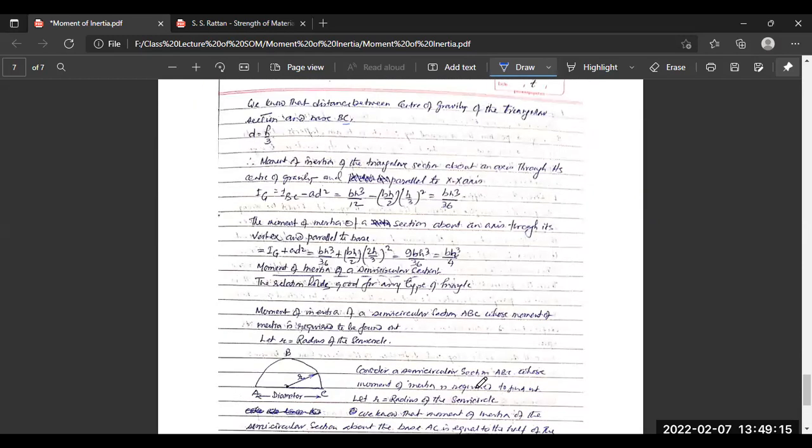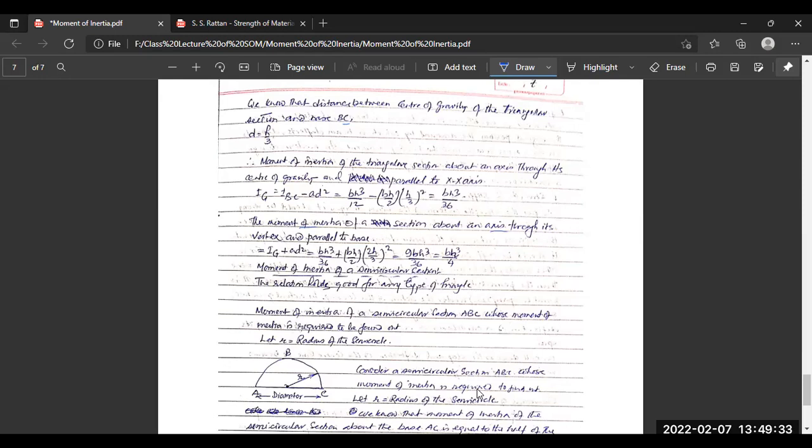Now the moment of inertia of the section about an axis through the vertex and parallel to the base. Earlier, the axis was through the CG. Now we are asking for the moment of inertia of this section about an axis through the vertex and parallel to the base.